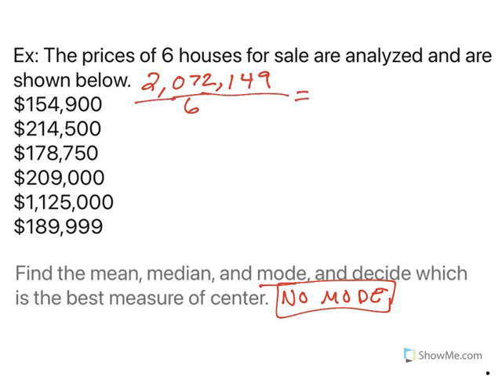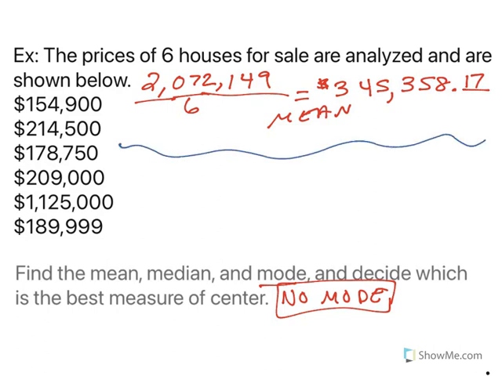I divide by 6 and I get roughly $345,358.17. So that is the mean, $345,358.